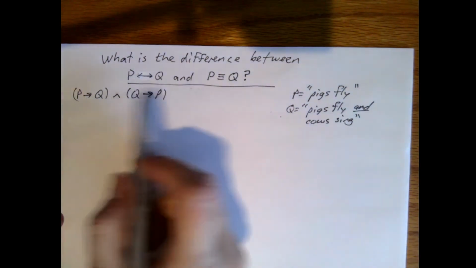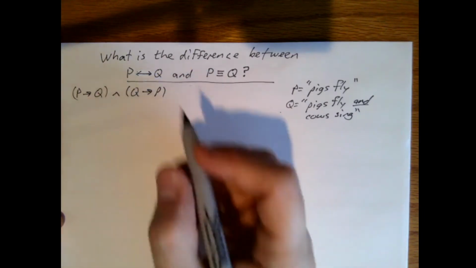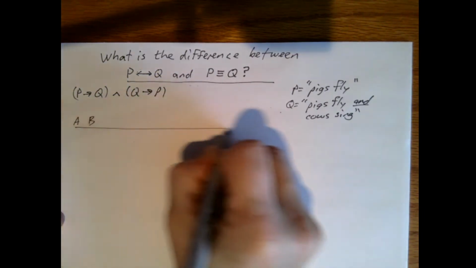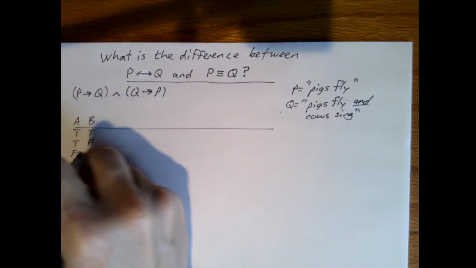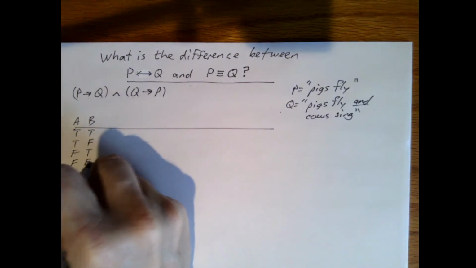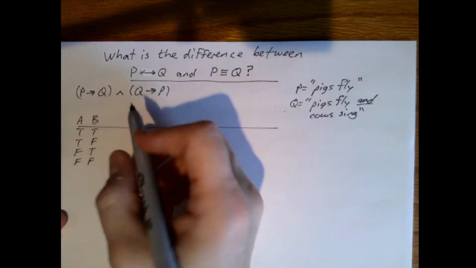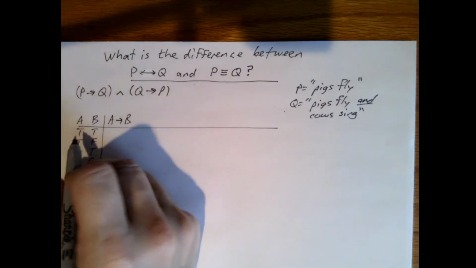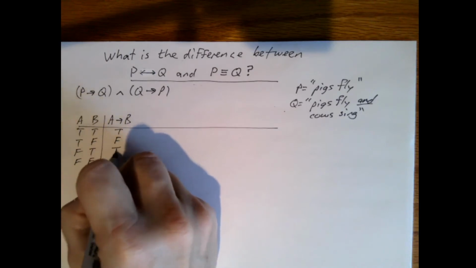Now let's just do a simple one with some atomic statements since it'd be easier to create the truth table for the first one. So let's have our A and B here. True, true, true, false, false, true, false, false. And so now let's create A implies B. So this would be true, this would be false, this would be true, this would be true.